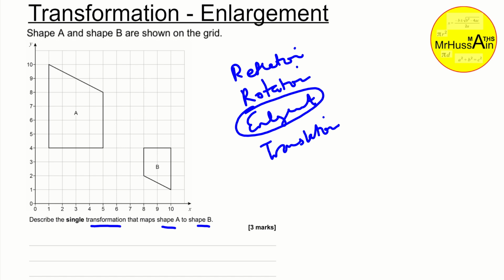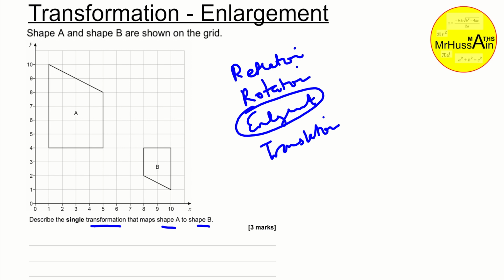However, it's not as easy as that. Imagine this is the top and this is the top. Because the top is looking at the top and the shapes have almost flipped over, this is where you write a minus scale factor.